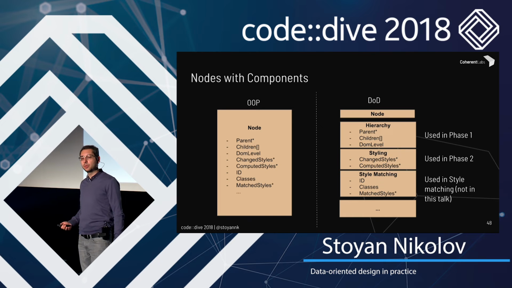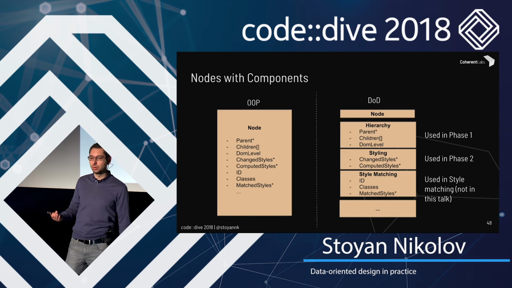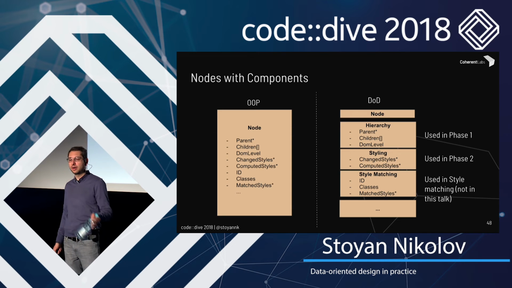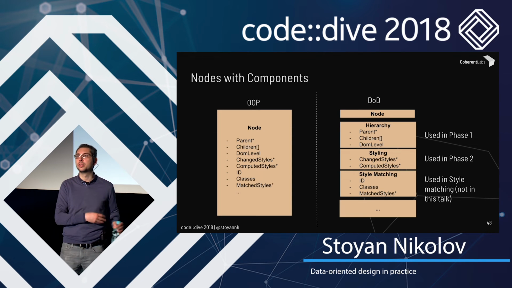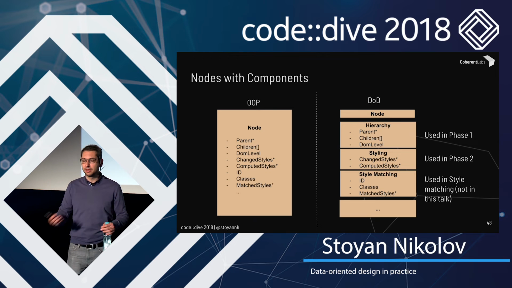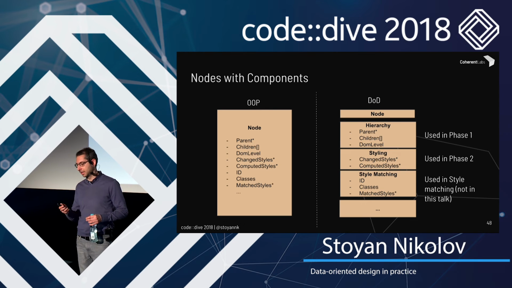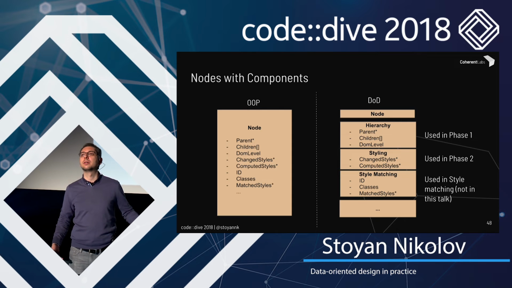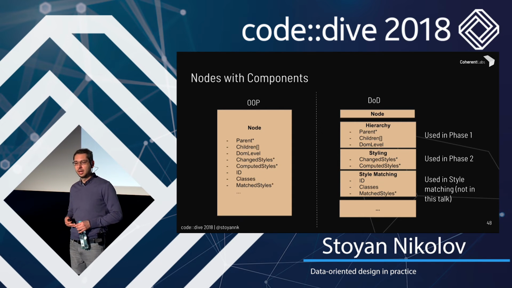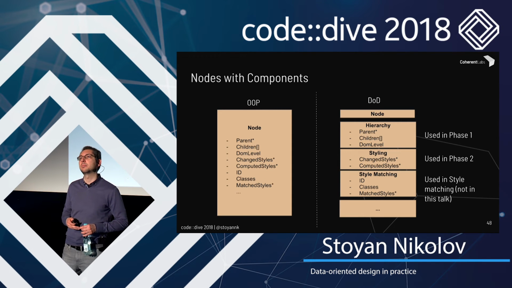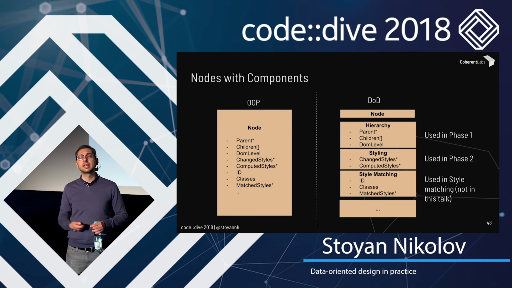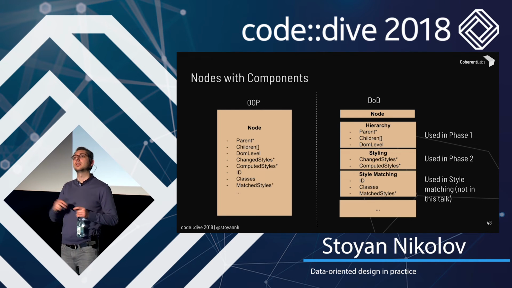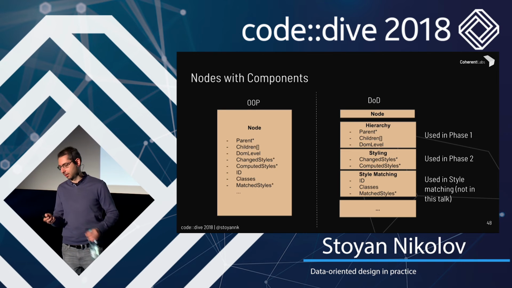But in data-oriented design, we can try and separate the node in three or multiple components. We have the hierarchy, which in our example was used in phase one. We have the styling, which in our example we used in phase two, and a bunch of others that might be used in other systems in our software. And as we have separated this in these components, now we can do a lot of clever things, like, for instance, allocate all our components in contiguous arrays and make the best of our caches.